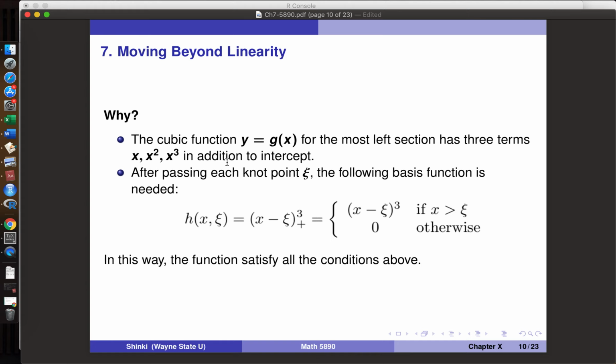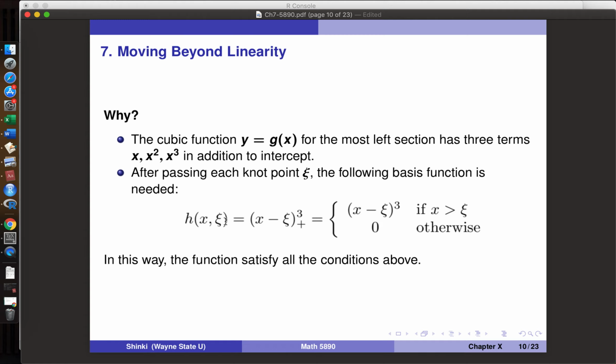of the cubic spline. So at the knot point, we add this function. This function has zero first and second derivatives. So if we add beta times h of xc, then still we have a smooth curve. Okay?